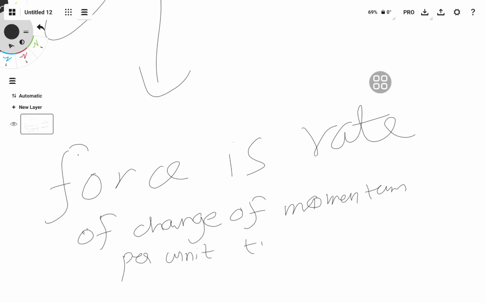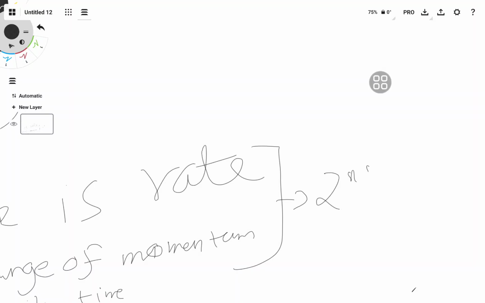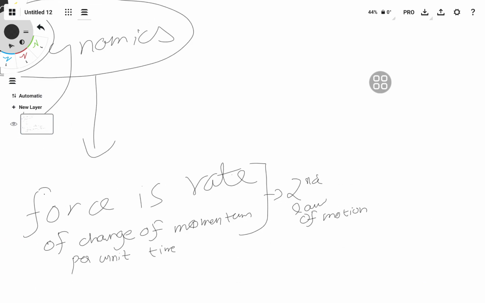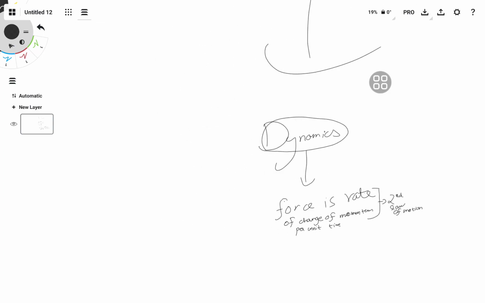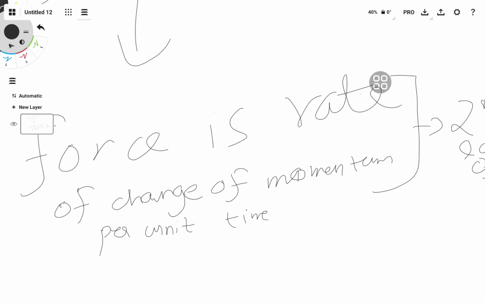This is also the second law of motion: the force applied on a body is directly proportional to its rate of change of momentum. Second law of motion. So yeah, dynamics, second law of motion.